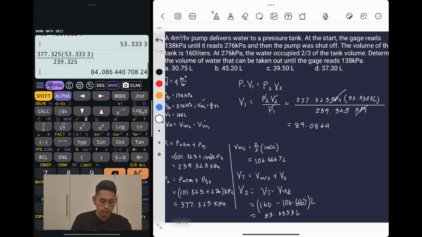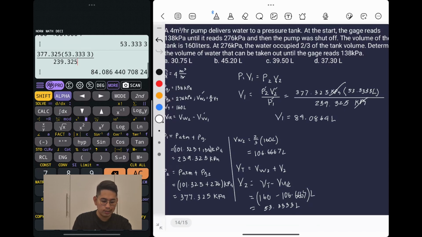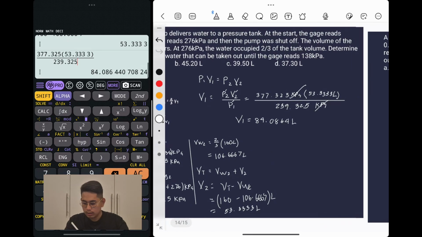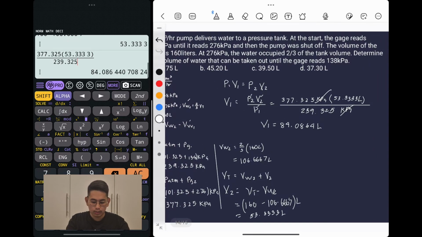So 377.325 times 53.333 all over 239.325 is equal to 84.0864 liters. So we have V1.